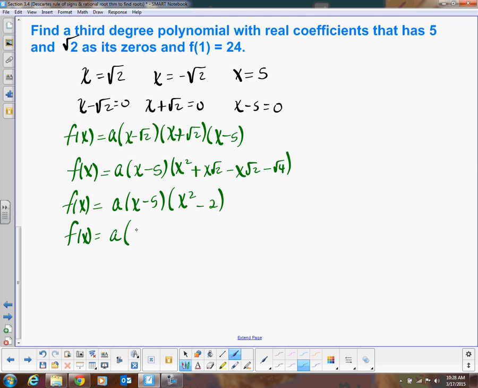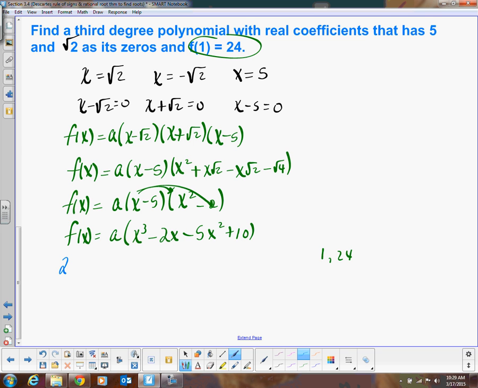We're going to have x to the third, and then minus 2x, minus 5x squared plus 10. The ordered pair they gave us is 1, 24.